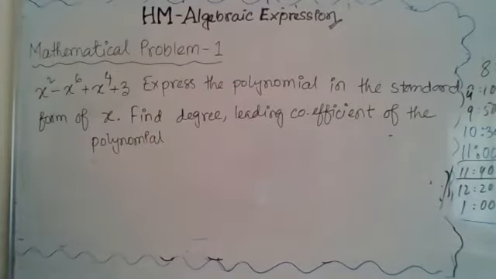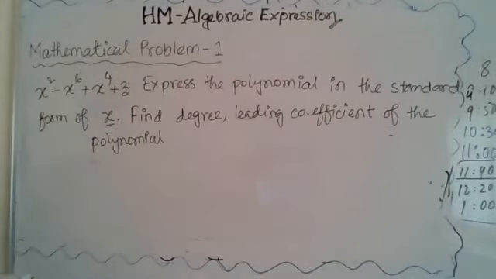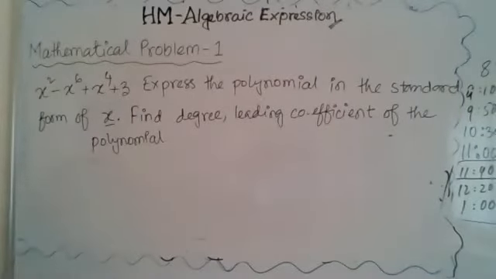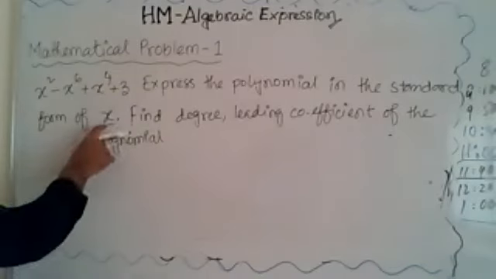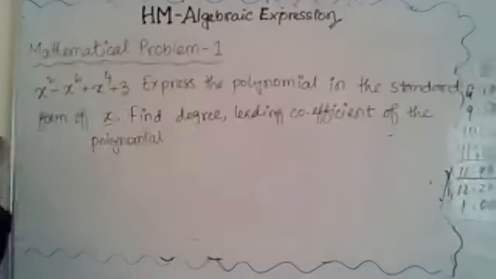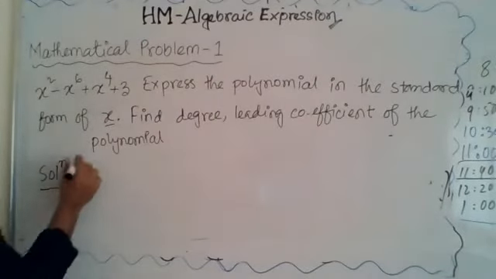Express the polynomial in the standard form of x. Whenever I tell you in the standard form of x, that means you have to consider x as the variable. Here actually there is no confusion because there is x only, right? No y, z, no a, b, c, d, nothing is there, right? So there is no confusion here. Only x is there.